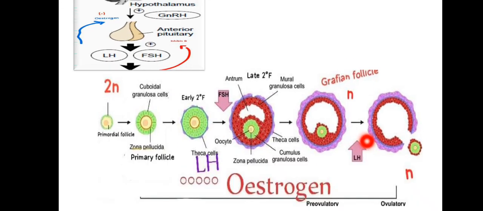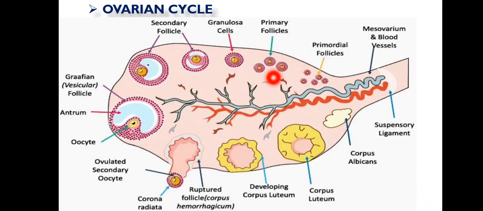Then, just know that when you're approaching day 14, the LH hormone is coming from the anterior pituitary gland. Remember I said on this particular picture, you can see that a lot of follicles are starting this phase of the ovarian cycle, a lot of primordial follicles, right? But only one of them is being ovulated. Why? Because the others are going to die along the way.